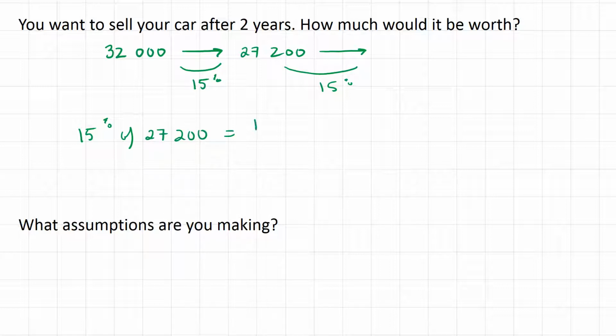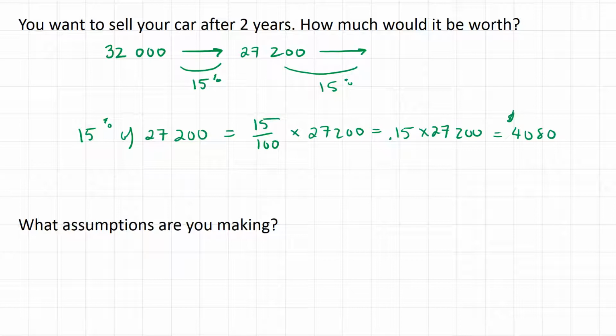Same steps as the last one. 15 divided by 100 is 0.15 times 27,200. And that equals $4,080. So it depreciates the same percentage, but a little bit less in value because your car is worth less at the beginning of the second year.